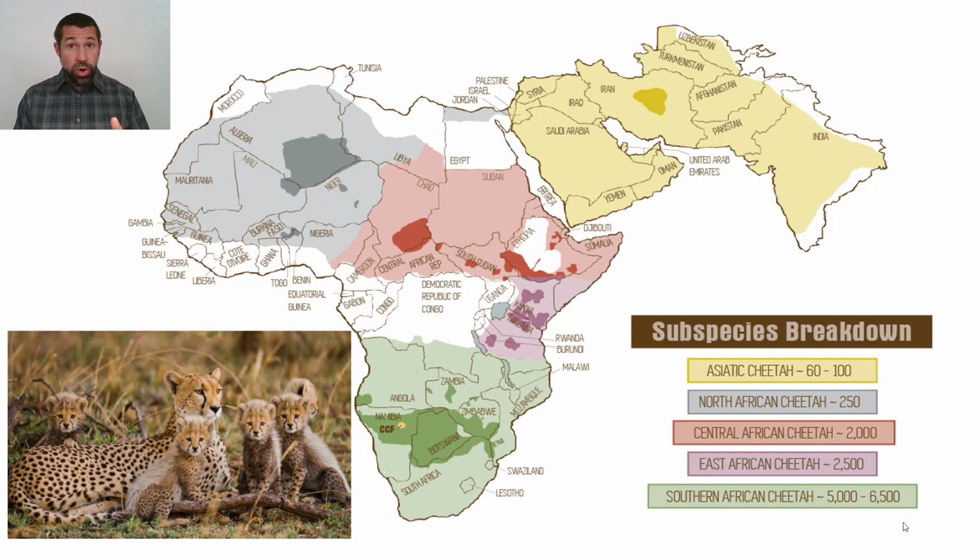Today, in 2020, the cheetah has numerically rebounded. There's about 7,000 cheetahs left on planet Earth, but the remaining cheetahs have very low genetic variability. They are highly inbred.